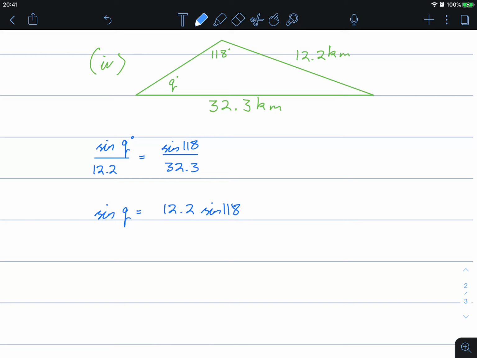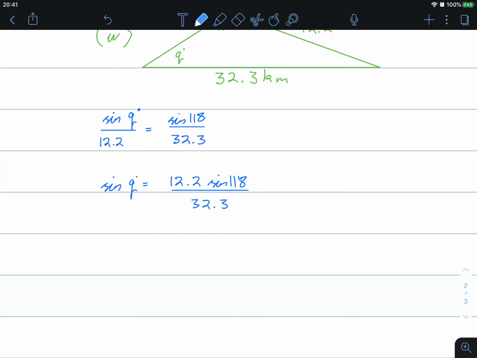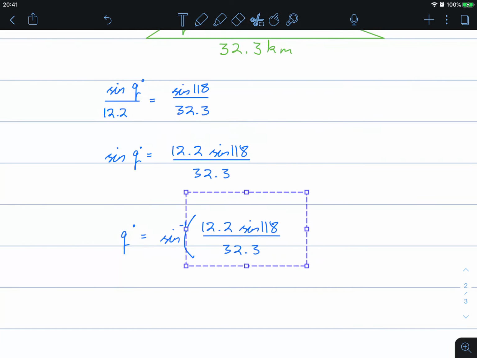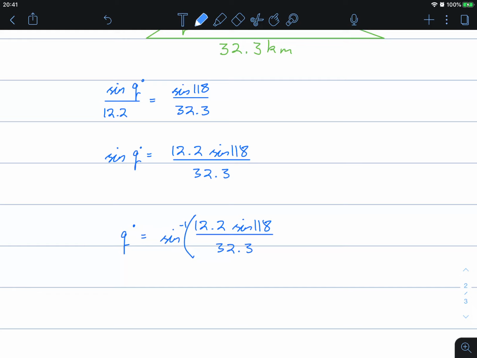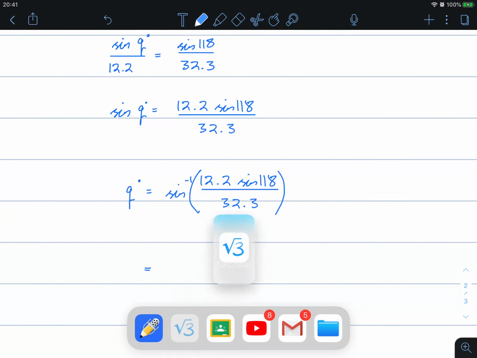sine 118 all over 32.3. Solving for Q, we take the inverse sine of both sides, so Q is equal to inverse sine of everything there, and this will solve it for us. Here we go.